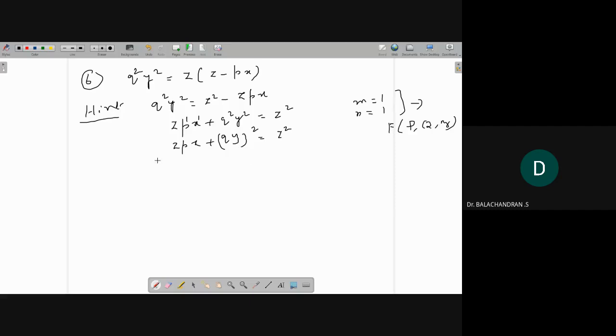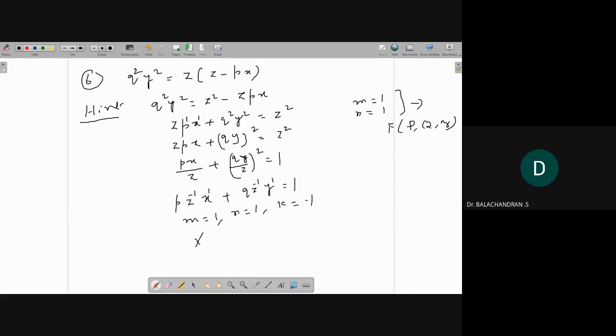Suppose you divide by z square, then you'll get (px by z plus qy by z) whole square equal to 1. You can rewrite it as p z power minus 1 into x plus q z power minus 1 into y equal to 1. Now m value is 1 and n value is 1 because x power 1, y power 1, and k equal to minus 1.